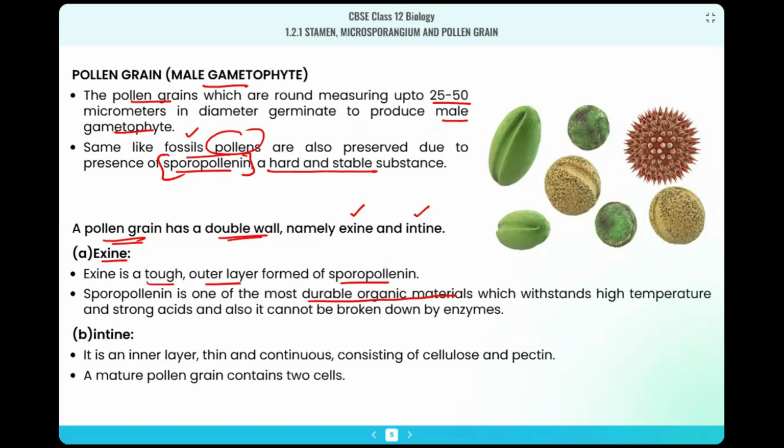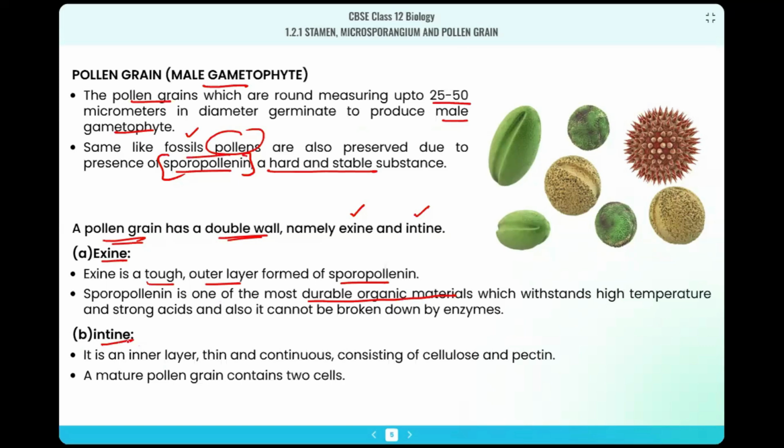That is why it can be preserved for a long period of time. So you have to remember this point. There could be a question why the pollen grains can be preserved for a long period of time, similar to fossils. The answer is the presence of sporopollenin.